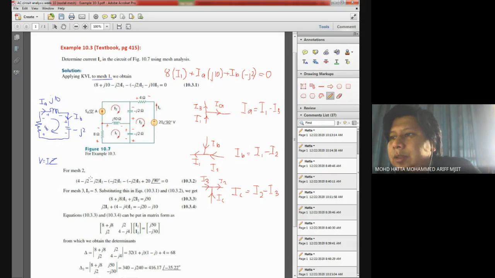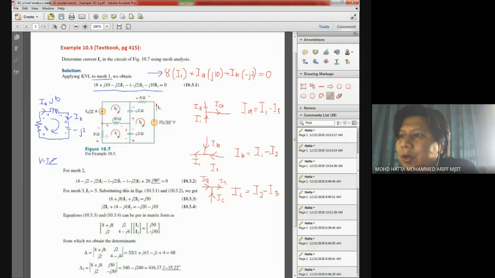It's a combination of two currents. I don't know what the combination is yet, but at the moment I put it as IB. Looking at the equation that you see over here, it comes from this basic equation.